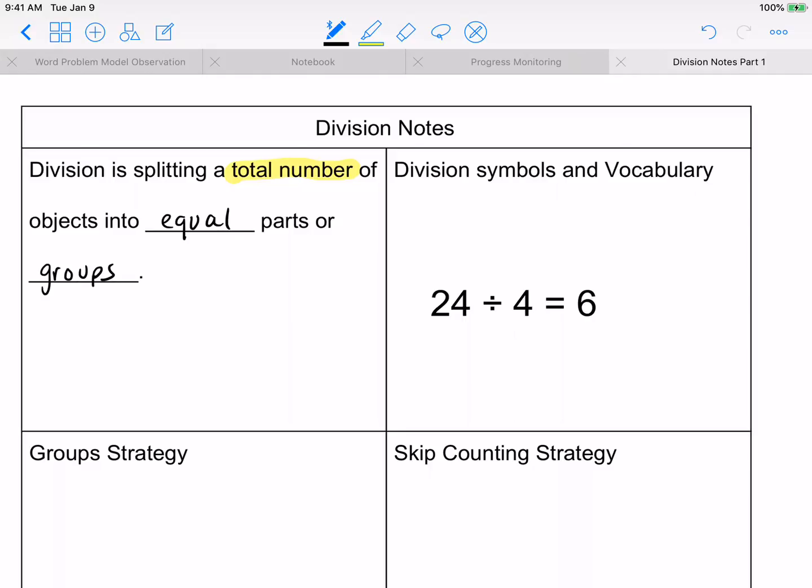Division is taking the total number of objects, or whatever we're counting, and we're going to put those into equal parts or groups. Now, you might see a lot of different division symbols. What we're going to look at mostly in third grade is that one, where you have the line with the two dots. But you also might see it look like this.